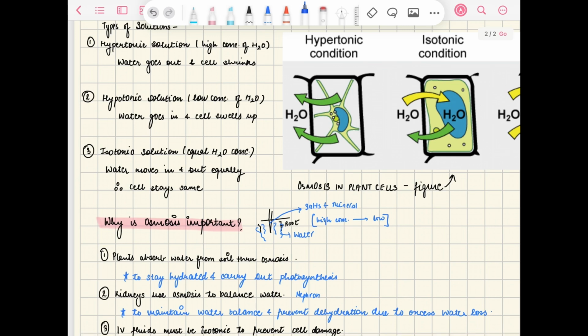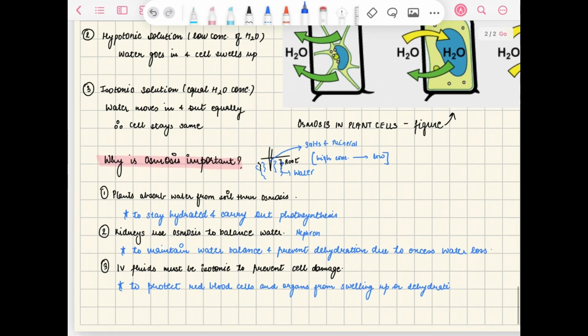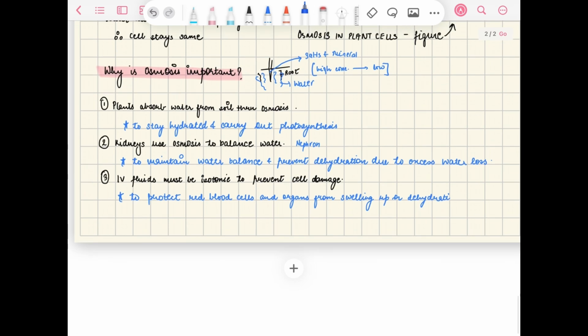And if the fluid is hypertonic, then the water will leave the cell and the cells will shrink, right? So the most ideal condition would be the IV fluids are made isotonic, same concentration as blood to keep the cells normal. Now, what can we say?